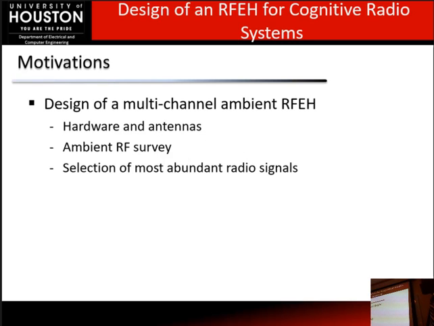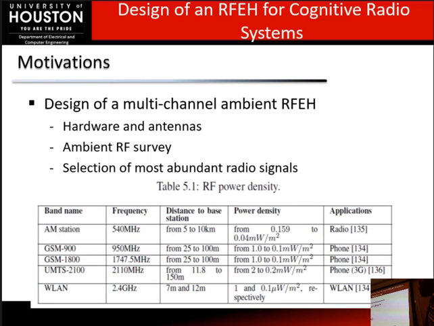So the goal, as I said earlier, is to design a multi-channel ambient radio frequency energy harvester that can get energy from ambient radio frequency signals. So I selected some hardware prototypes, some antennas. Also did a brief RF survey to make sure that we can harvest enough radio signals.